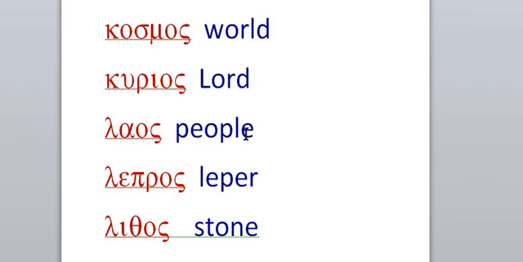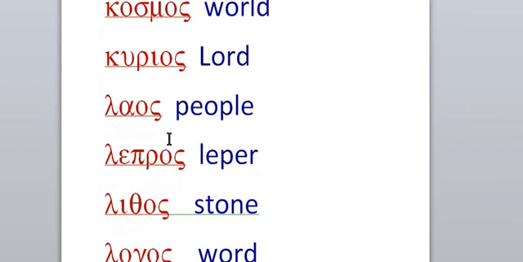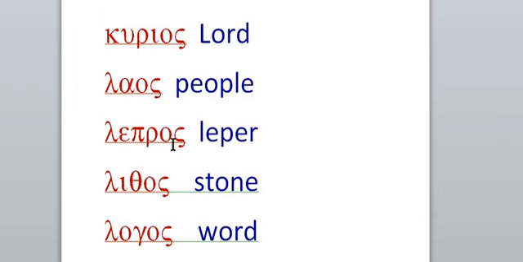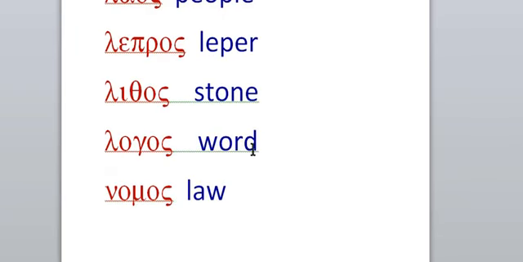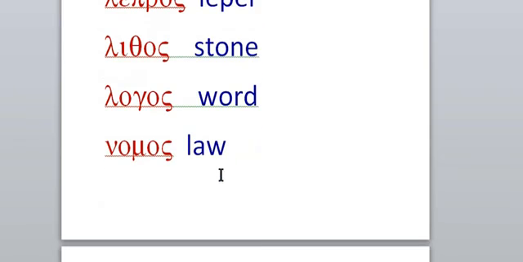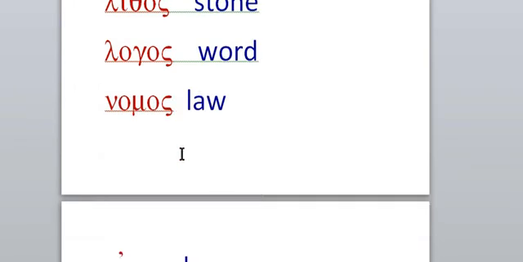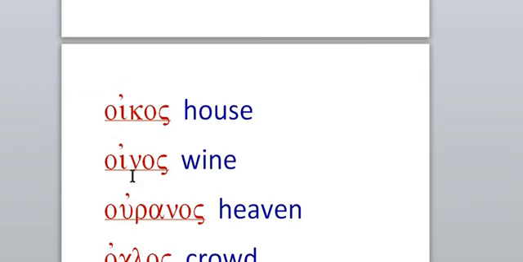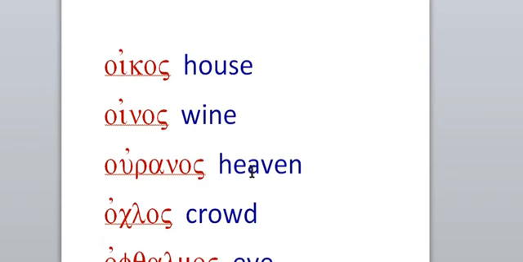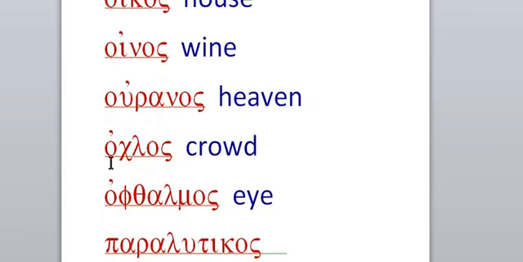Laos, people, that's from where Nikolaos comes. Okay, lepros, leper, that's also easy to remember, right? Lithos, stone. Logos, word. Nomos, law, that's a very important word, nomos. Okay, then oikos, house. Then oinos, wine. Uranos means heaven.